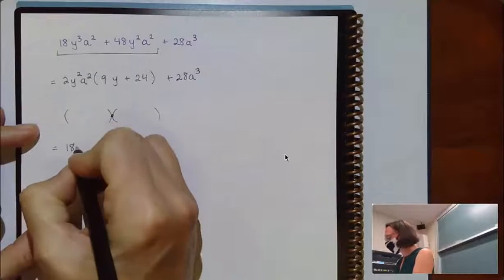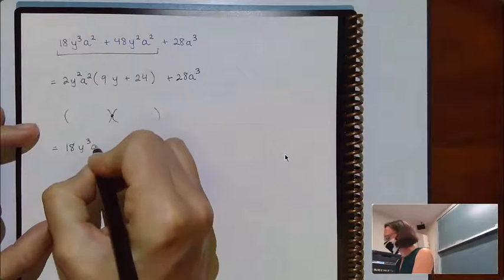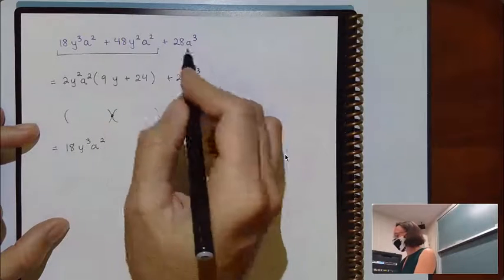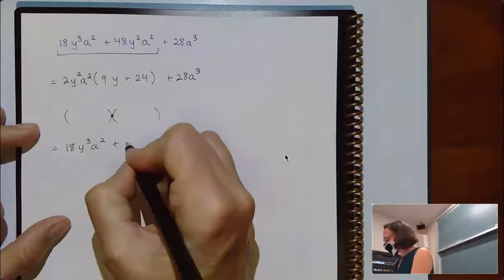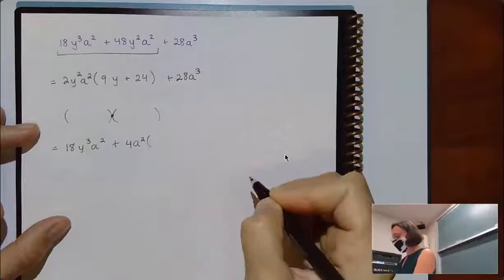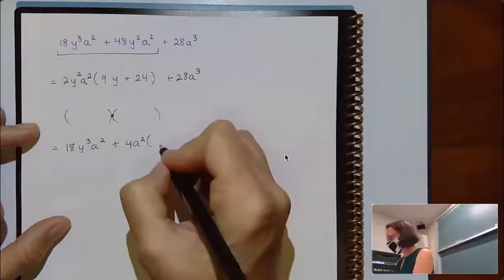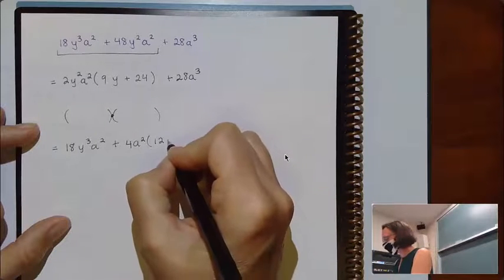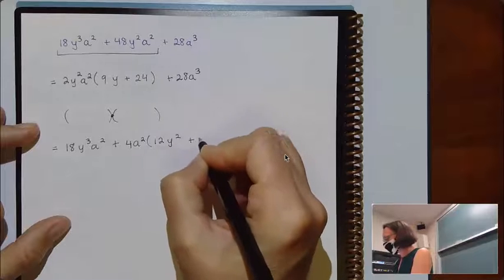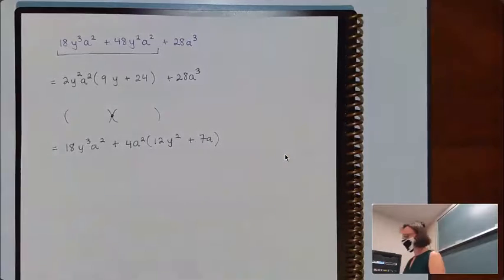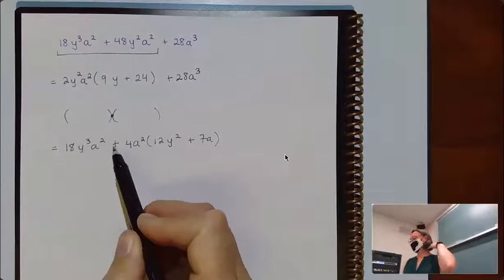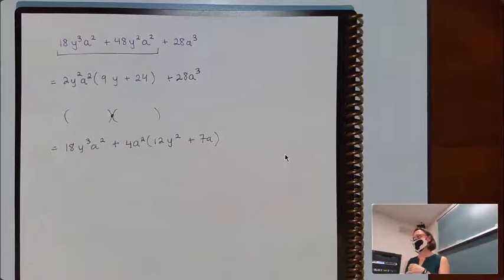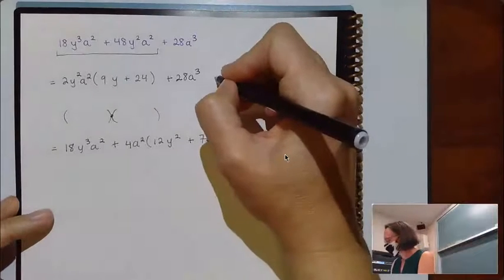If I left the 18y cubed a squared alone, and I looked at the second two pieces, well, those second two pieces actually have a 4a squared in common. And then I could have a 12y squared plus 7a. But again, I would have this dangling part that's being added to things that are multiplied. So neither of these are factored.